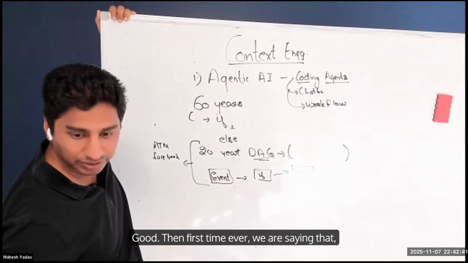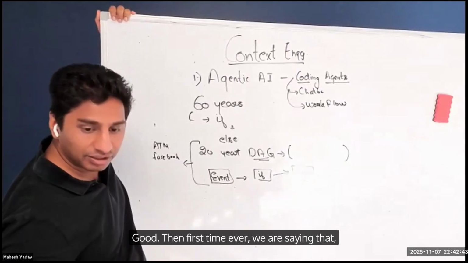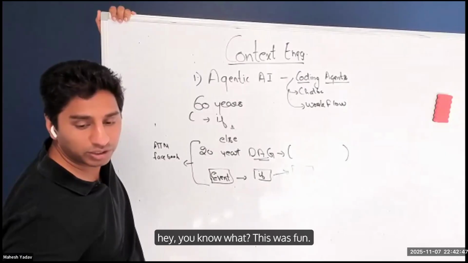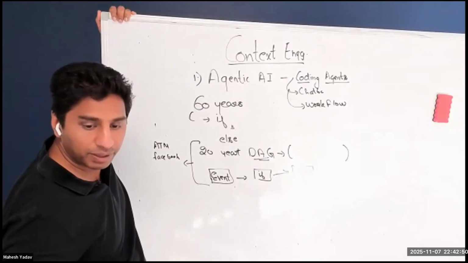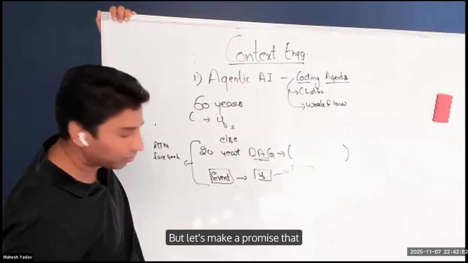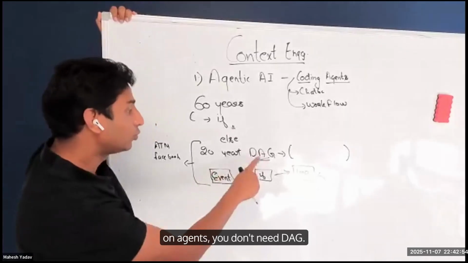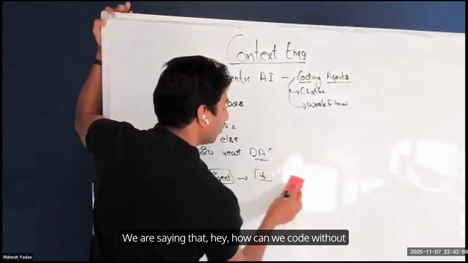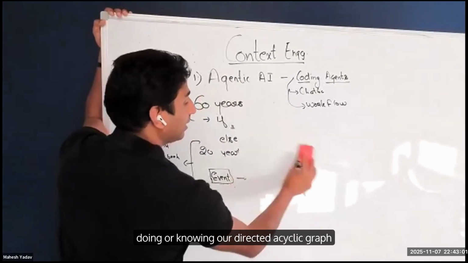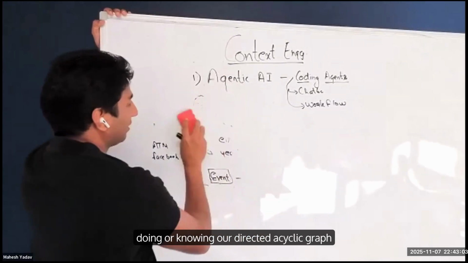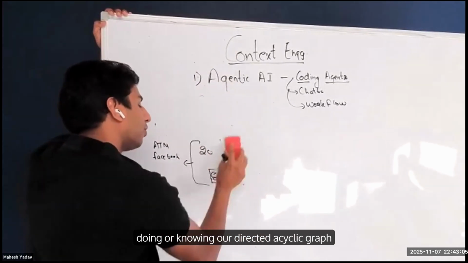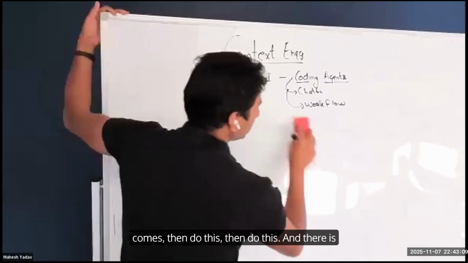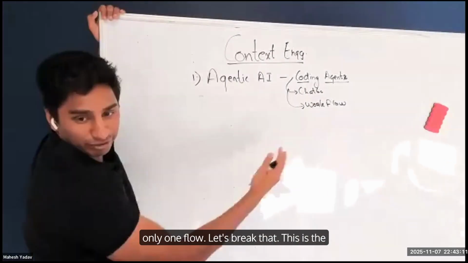Good. Then, for the first time ever, we are saying, hey, you know what? This was fun, but let's make a promise that with agents, you don't need a DAG. How can we code without doing or knowing a directed acyclic graph, or this idea of writing if this comes, then do this, and there is only one flow?